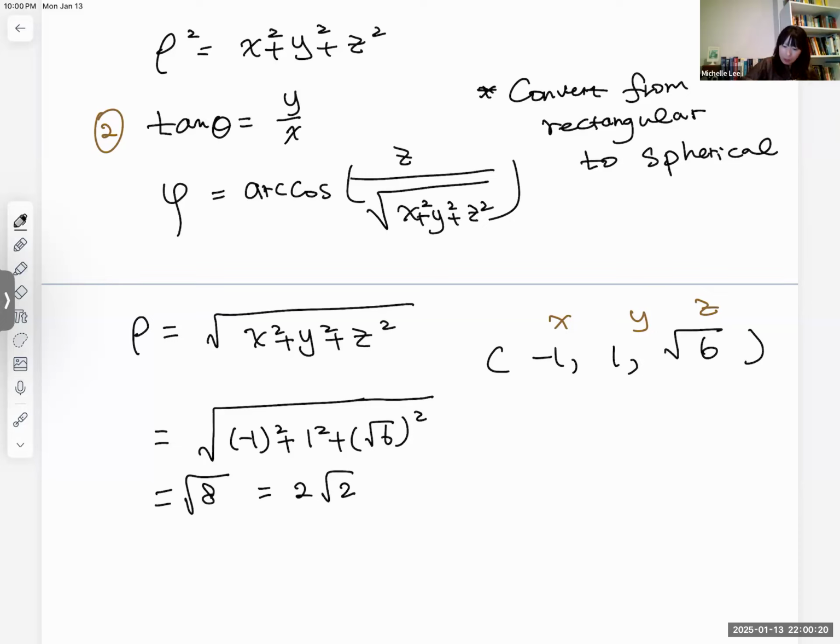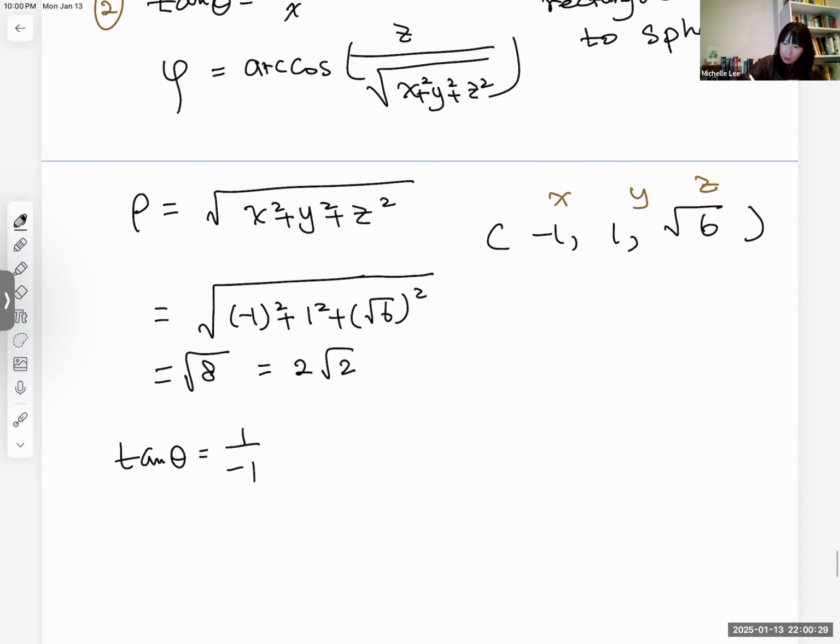Now tan theta is y over x, so 1 over -1. Like earlier, y is positive and x is negative.